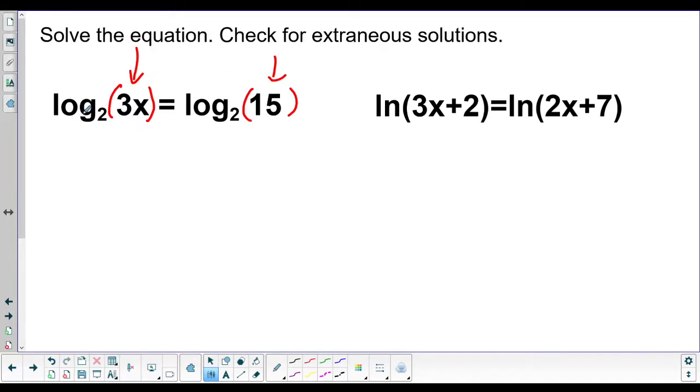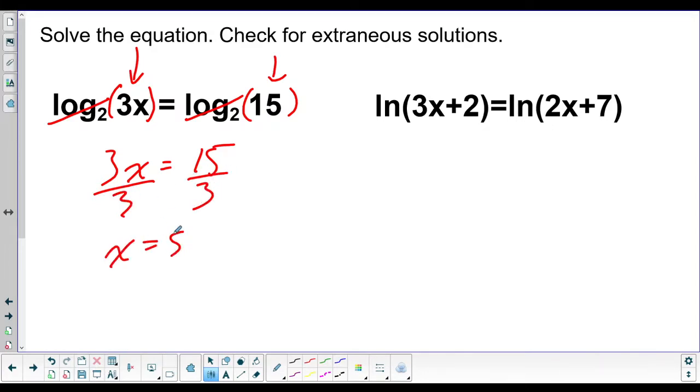So because we have log base 2 of something equals another log base 2, we can cancel the log base 2's and just say that the arguments must be equal. Cool? So if we have a log on both sides like this, we're going to just cross them out and set the arguments equal to each other. Now this is easy. We just divide both sides by 3 and x equals 5.